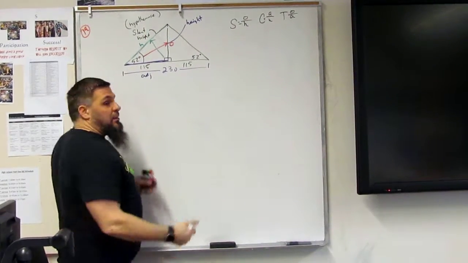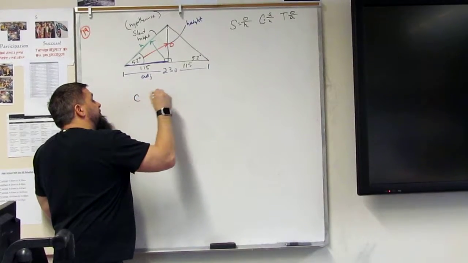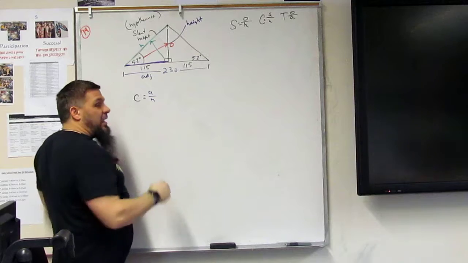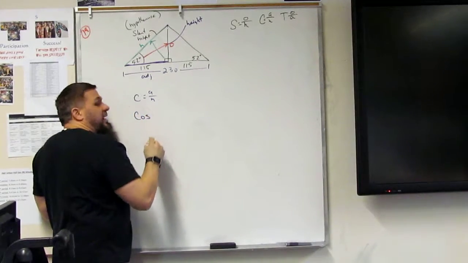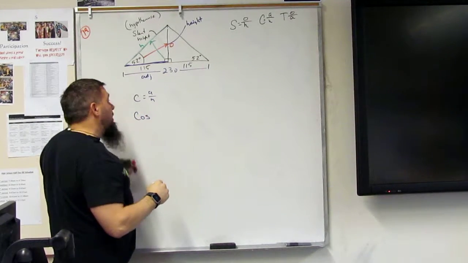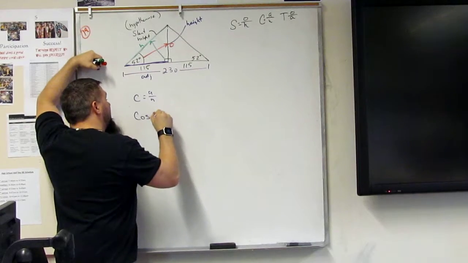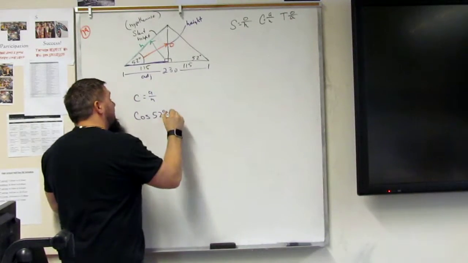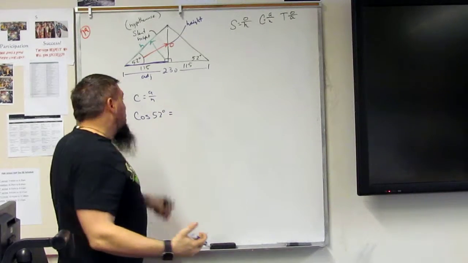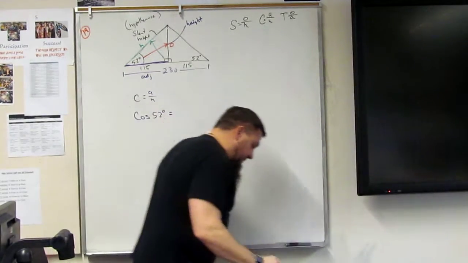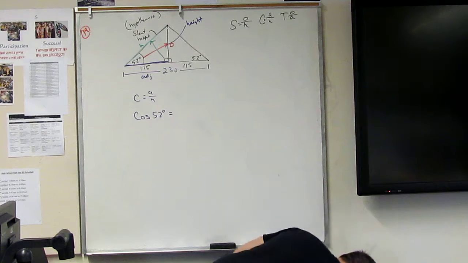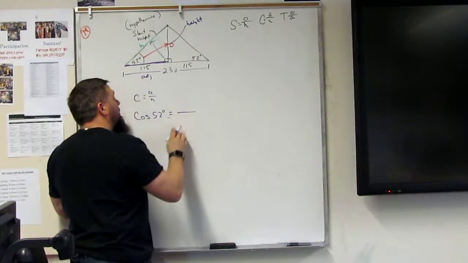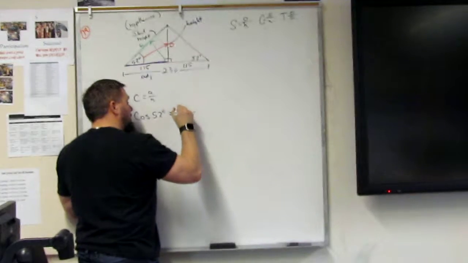So CAH is the cosine of 52 degrees, theta, is equal to the adjacent side, which we found to be what? 115.